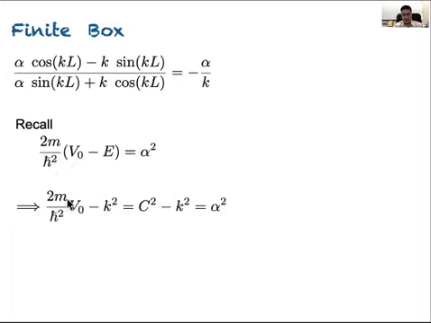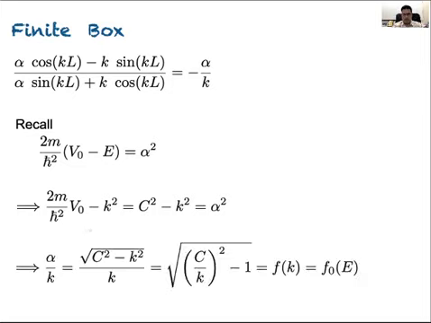So the first term will be this one, and another term will be 2m divided by h cross squared times E, where this 2m over h cross squared times E we have considered as k squared when we were solving the equation for region 2. So this is our k squared, and this side is nothing but c squared minus k squared.